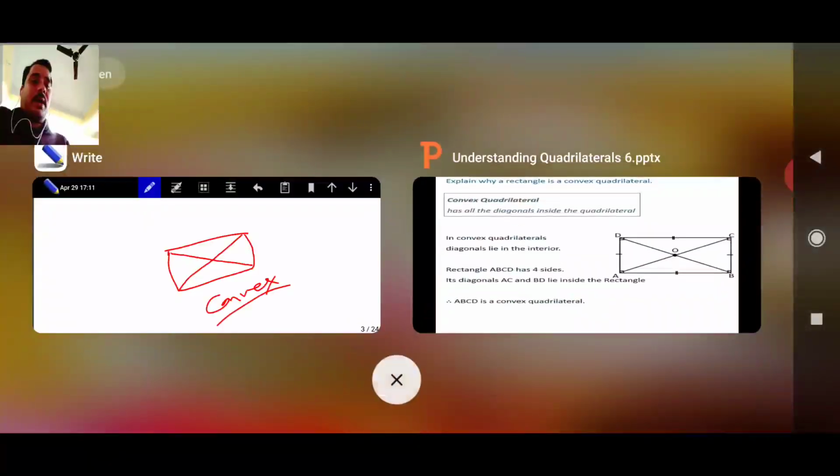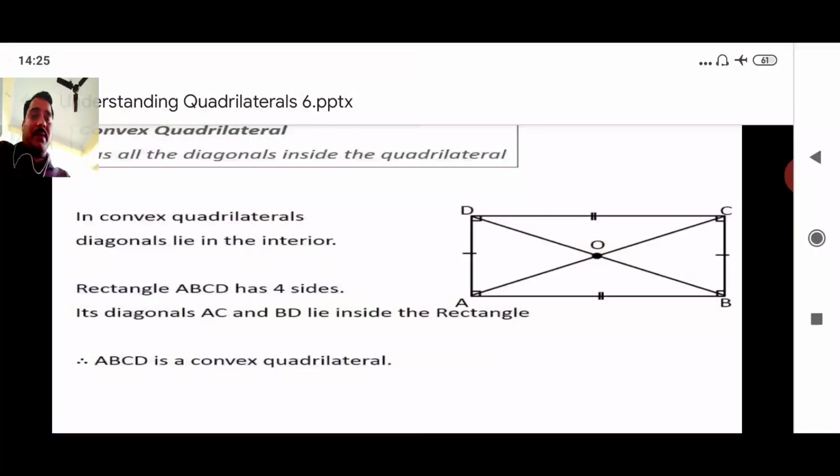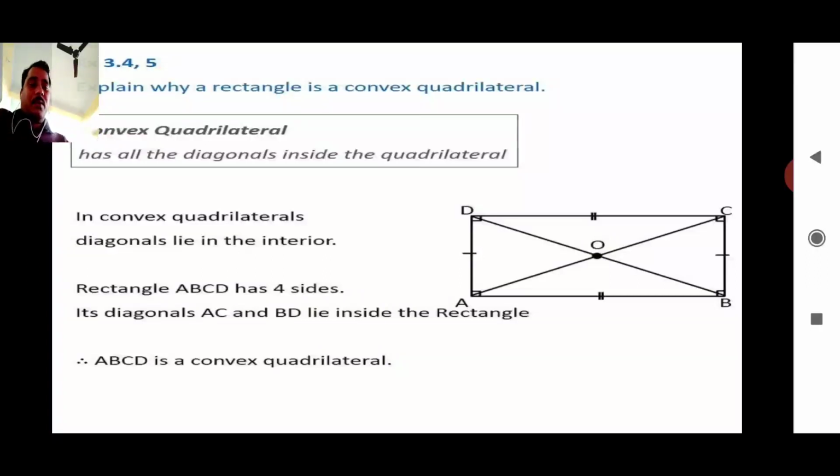In a rectangle ABCD, there are 4 sides AB, BC, CD and DA, and the diagonals AC and BD lie inside the rectangle. So ABCD is a convex quadrilateral. I hope it is clear to you.